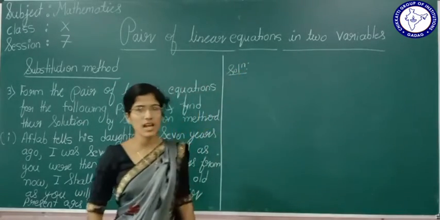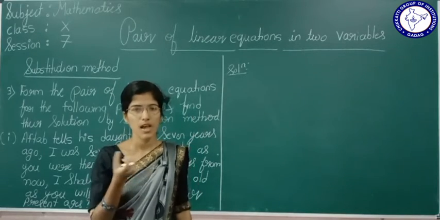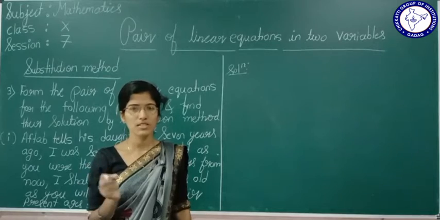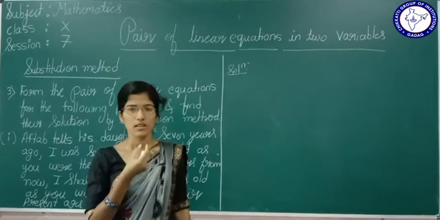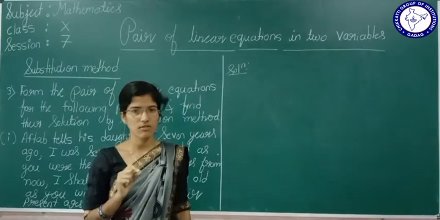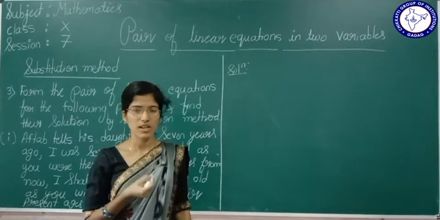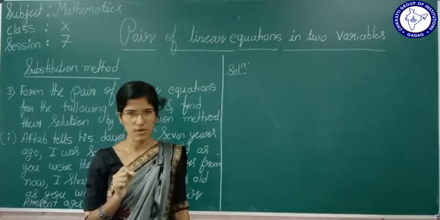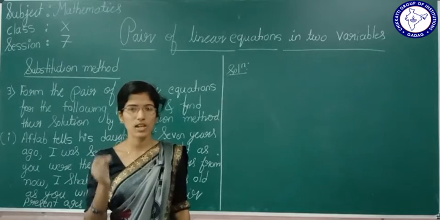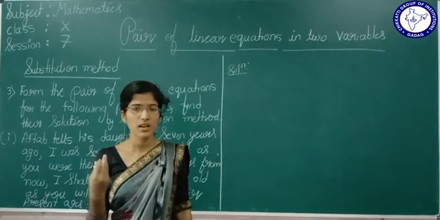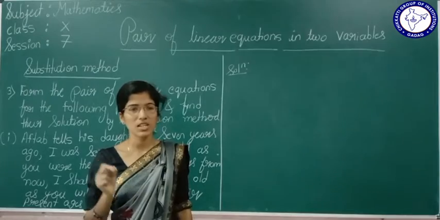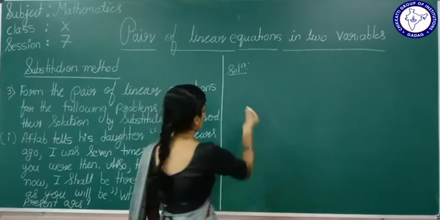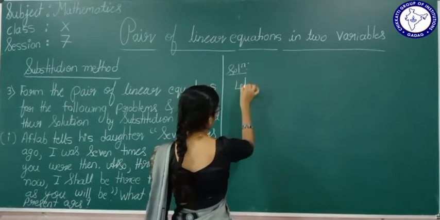You can take the variable as anything. In English alphabets, there are 26 letters, and variables are represented by the small letters of the English alphabet. There is no rule that we have to take x, y. You can take u, v, anything, but in common we use x, y. Now I am going to use a small s and small t.